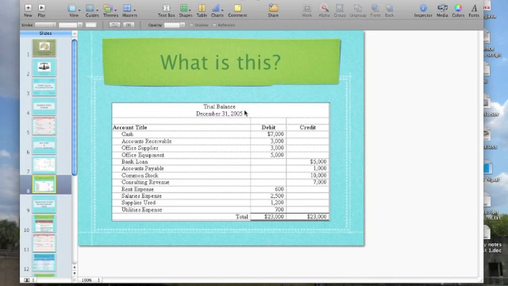This trial balance is set up so that we can see that the debit accounts equal the credit accounts.